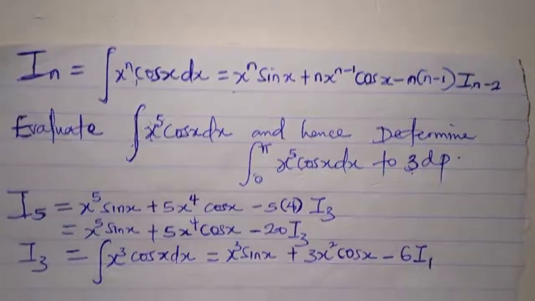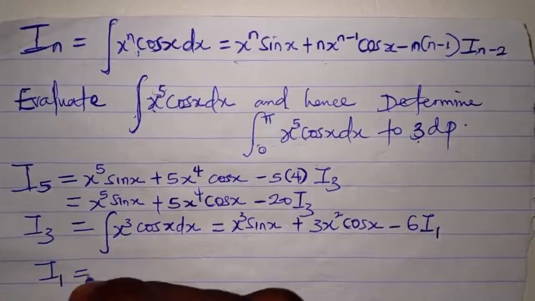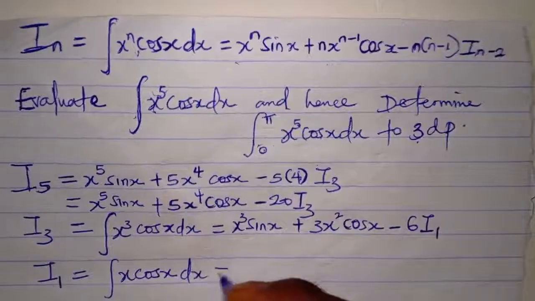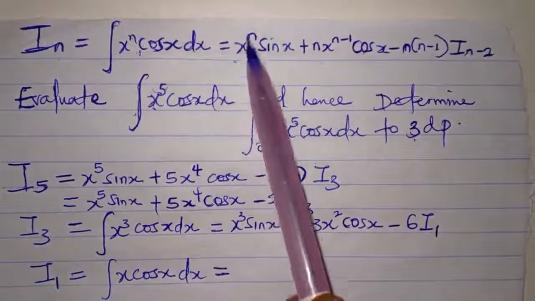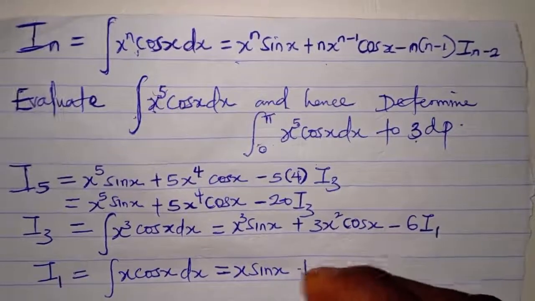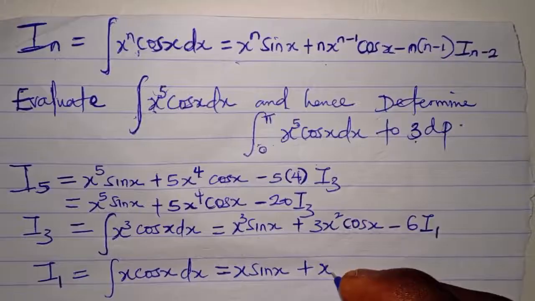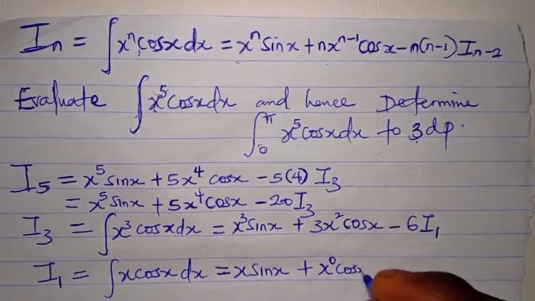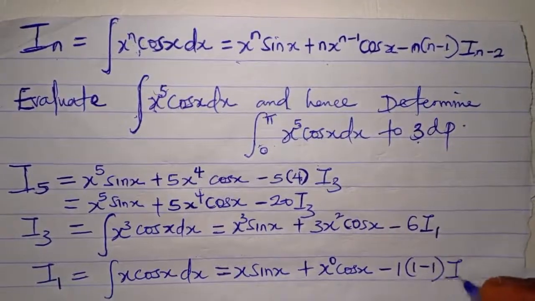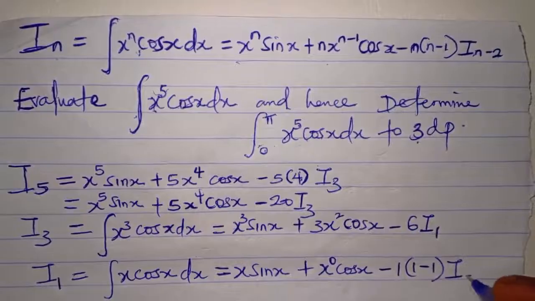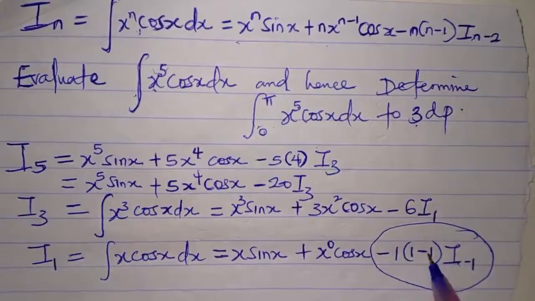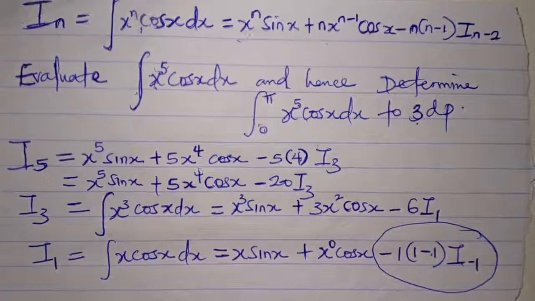So what's I1? I1 is the integral of x to the power of 1 cos x dx. This is 1. This is x to the power of 1. That's x sine x plus x to the power of 1 minus 1, which is 0. One minus 2 is minus 1. Of course, everything here turns to 0. 1 minus 1 is 0, right? So everything here goes off.